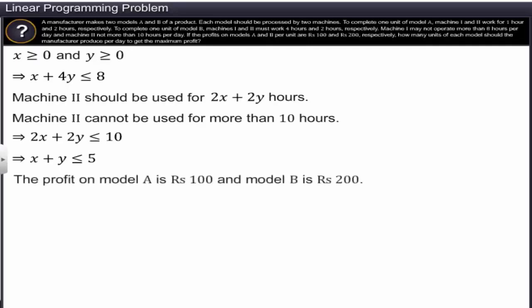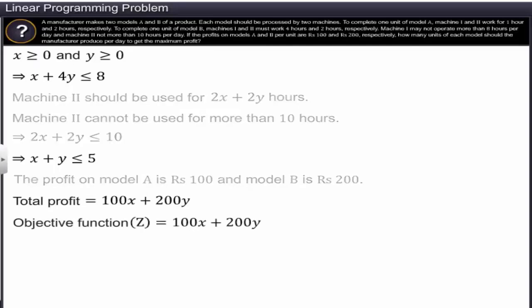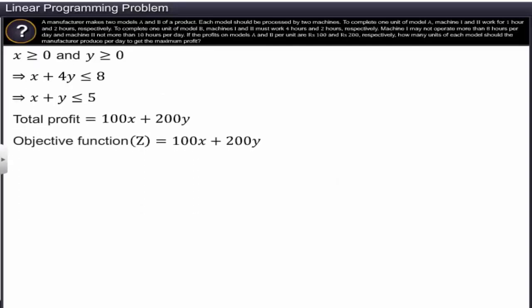It is given that the profit on model A is rupees 100 and on model B is rupees 200. And hence, the total profit is 100x plus 200y. This is the objective function. The manufacturer wants to earn the maximum possible profit. This can be attained by maximizing the objective function.